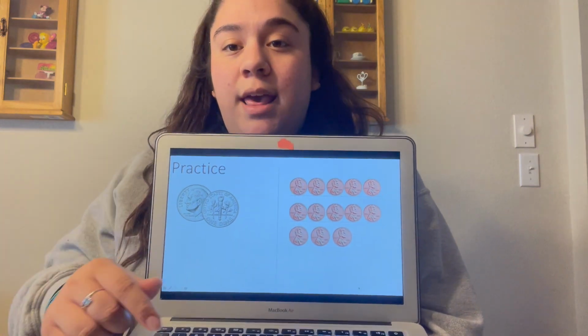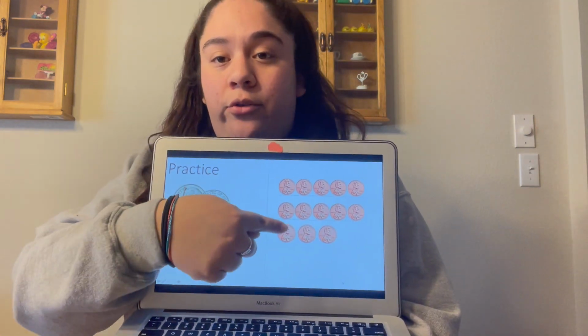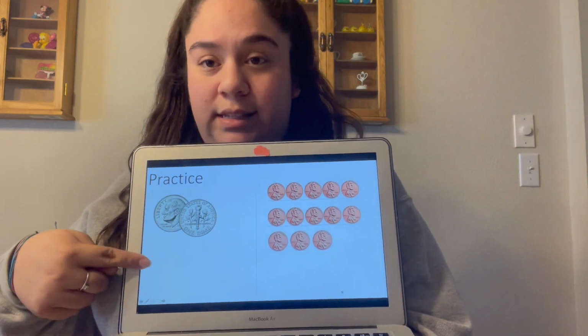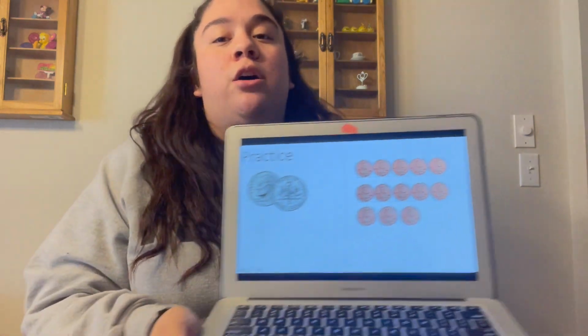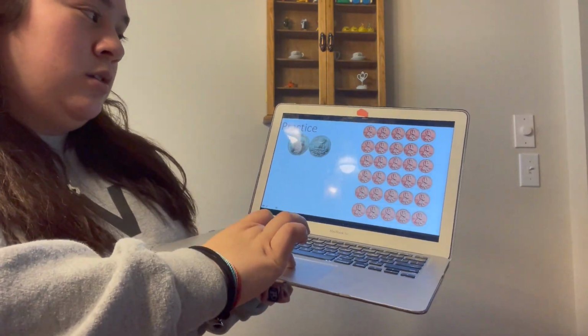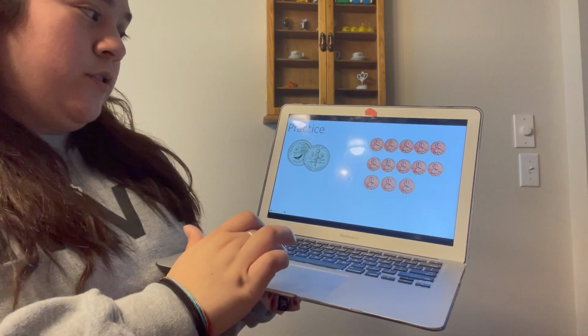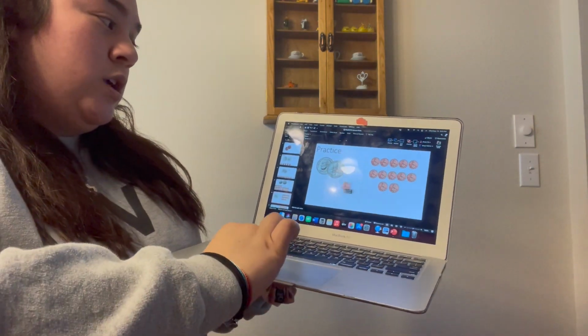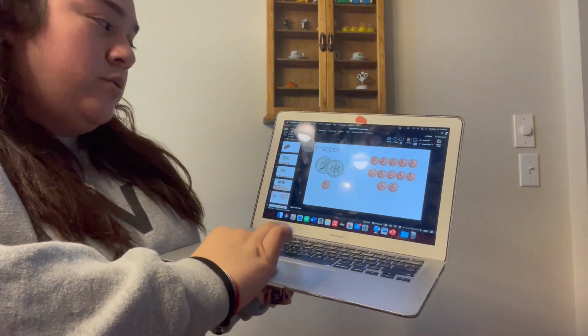Here they had to move the correct amount of coins over to this side under the dime. For example, they would grab the coin and drag it over, this coin and drag it over, this coin and drag it over.